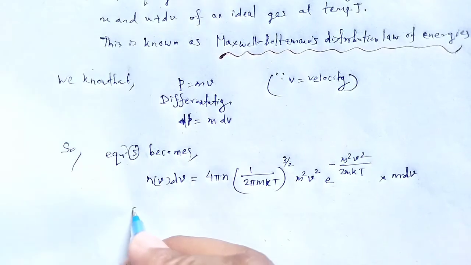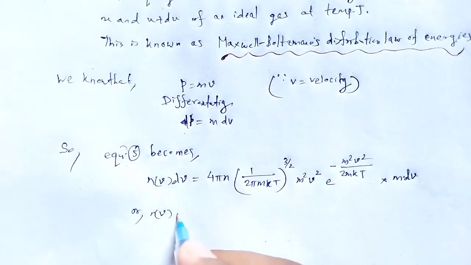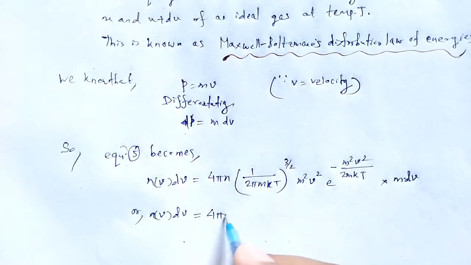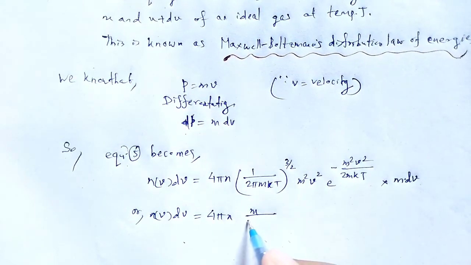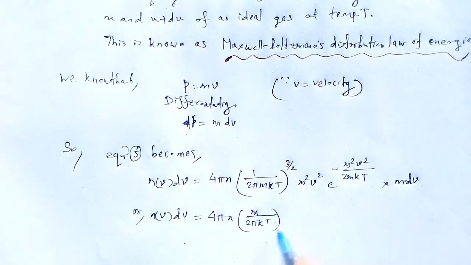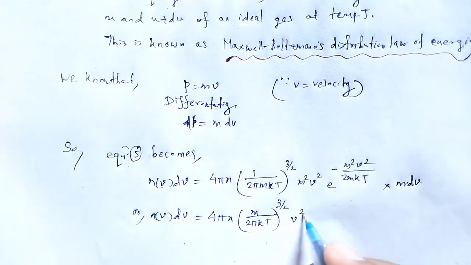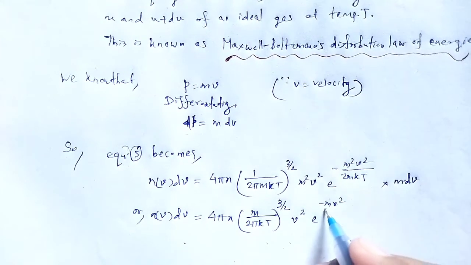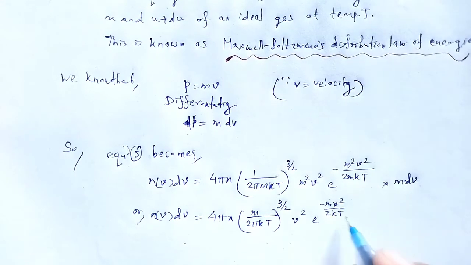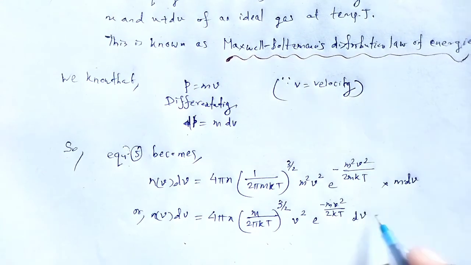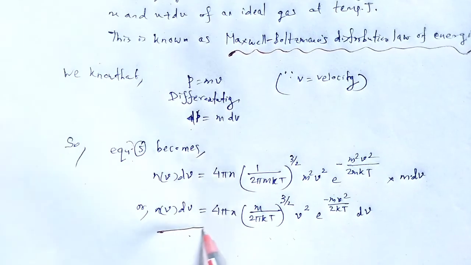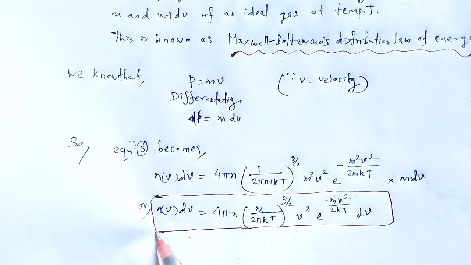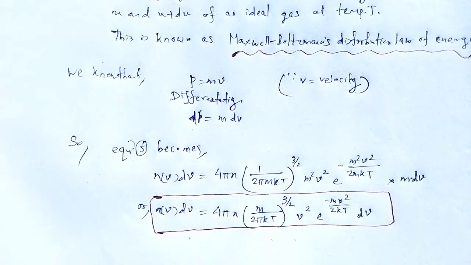Simplifying, we write N(v) dv is equal to 4 pi N, m divided by 2 pi kT to the power 3 by 2, v squared, e to the power minus m v squared divided by 2 kT, into dv. That is the number of gas molecules in that velocity range.